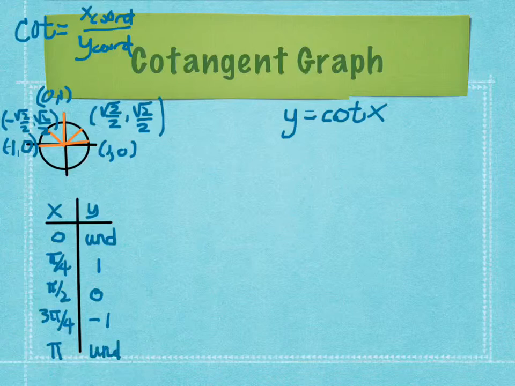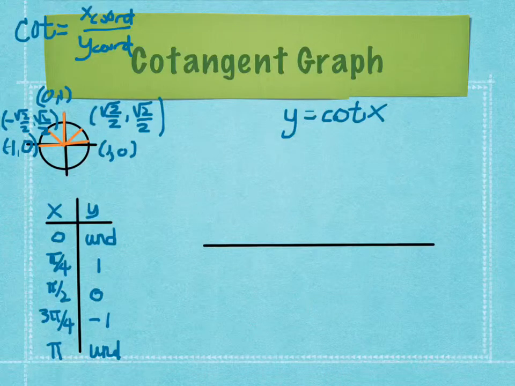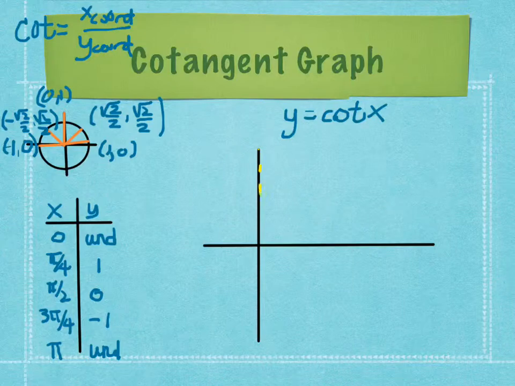So I'm going to create my graph. I'm going to start at the y-axis. And just like last time, I am going to draw asymptotes at the values that say undefined.